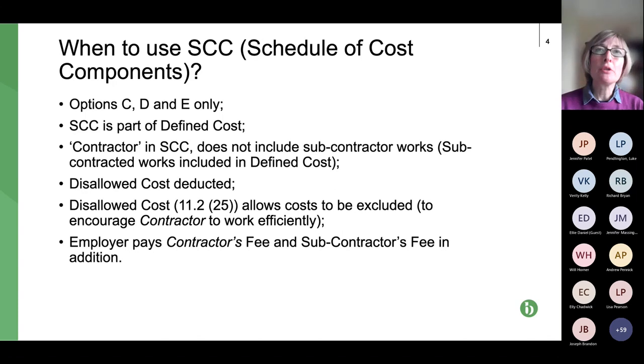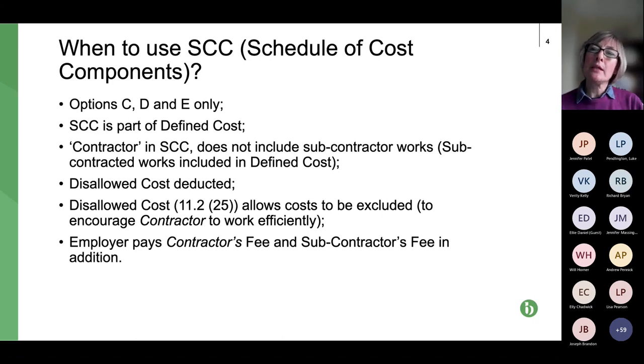So the schedule of cost components, when is it used? First of all, it's used for NEC contracts C, D and E. What are they? E is your reimbursable, and C and D are your pay and gain share, profit sharing contracts. Where are they used?